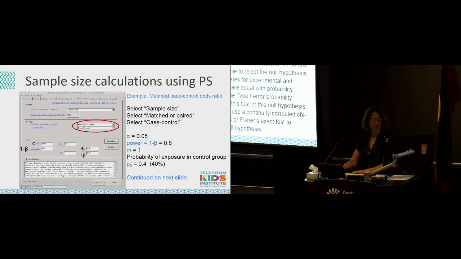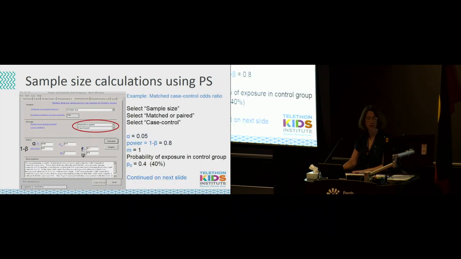Just moving swiftly through a couple of other examples. So if you're doing a matched case control study instead, so it's still that dichotomous outcome, but this time we're interested in odds ratios. So once you hit on matched or paired, it will only give the option of a case control or another.